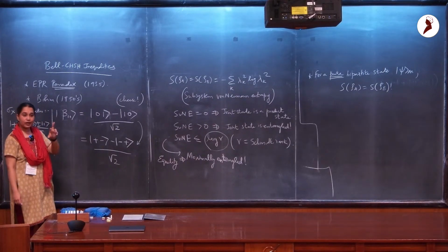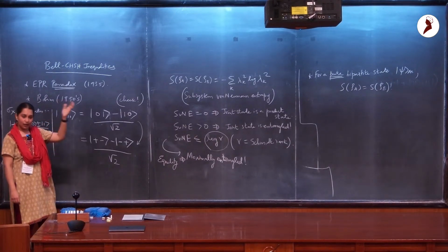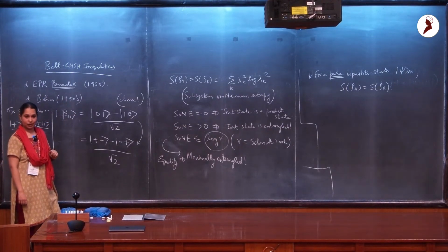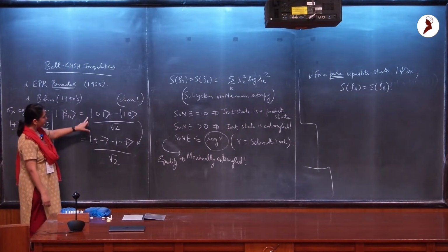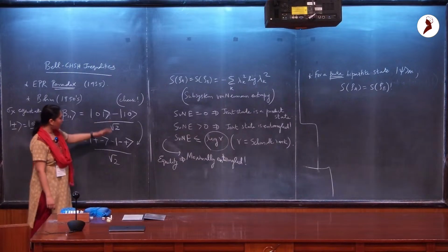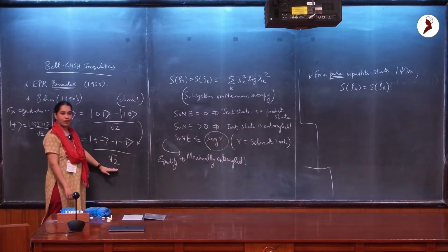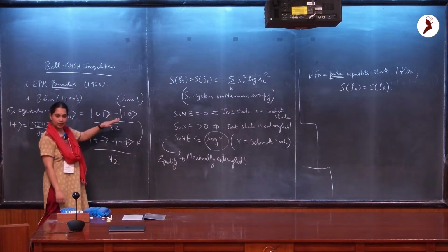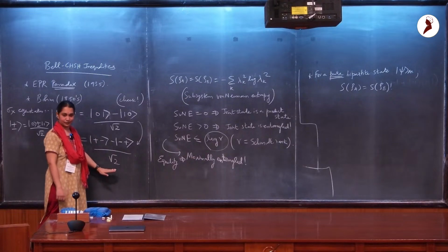Okay, and in particular, these are complementary observables. These are observables that satisfy an uncertainty relation, sigma x and sigma z. But you realize that the same anti-correlation in this case exists also in the sigma x basis. The same anti-correlation that exists in the sigma z basis also exists in the sigma x basis.